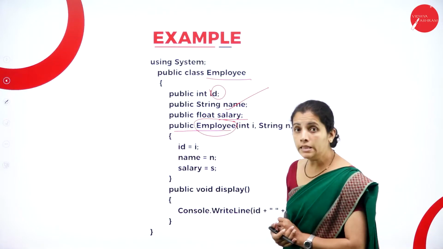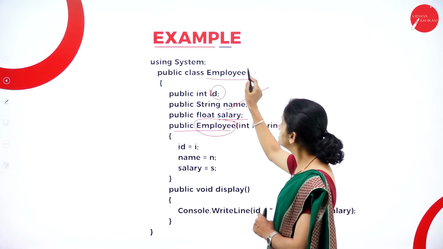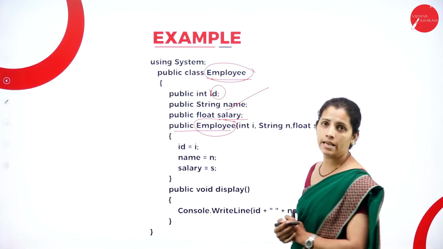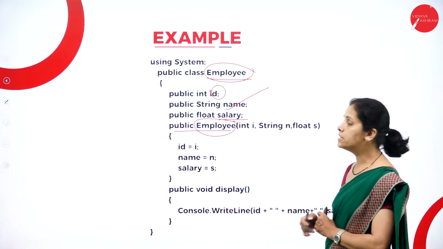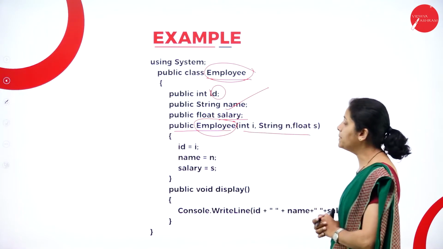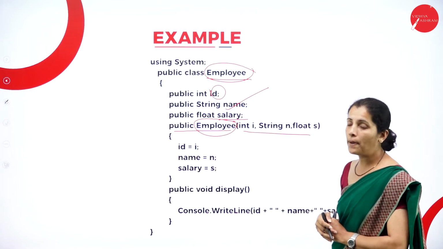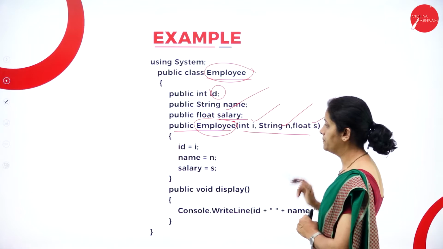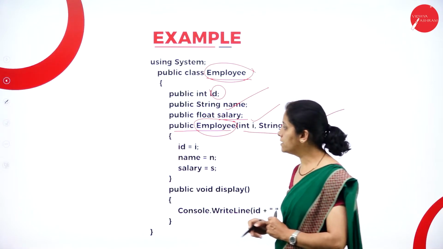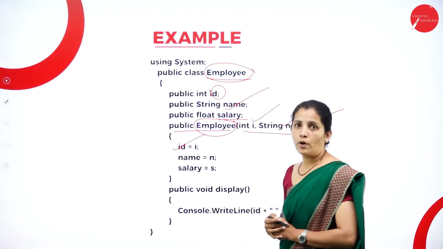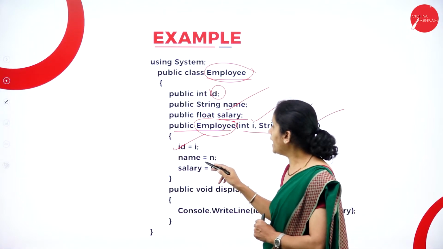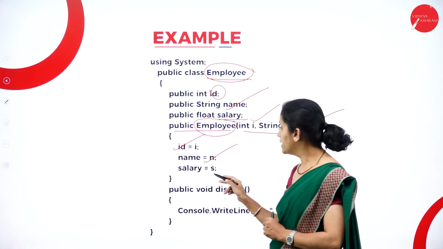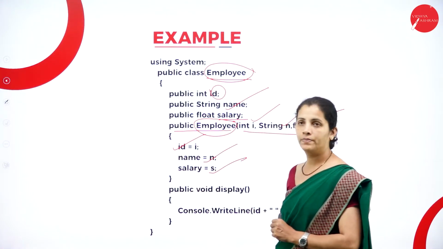See here, this method name is the same as class name. But what's the difference? It's going to have the parameter. And what are the parameters? That is I, N and S. So I is nothing but employee ID, N is nothing but name, S is nothing but salary.